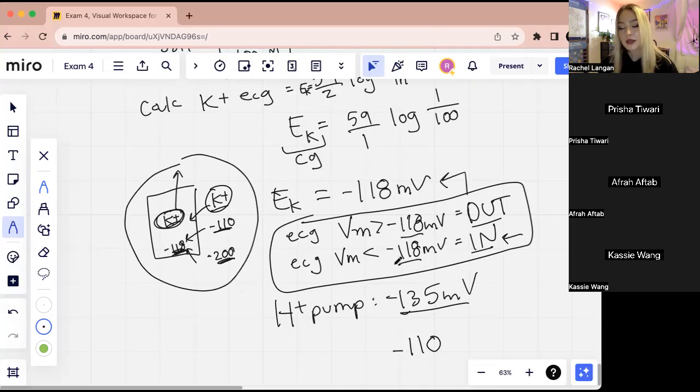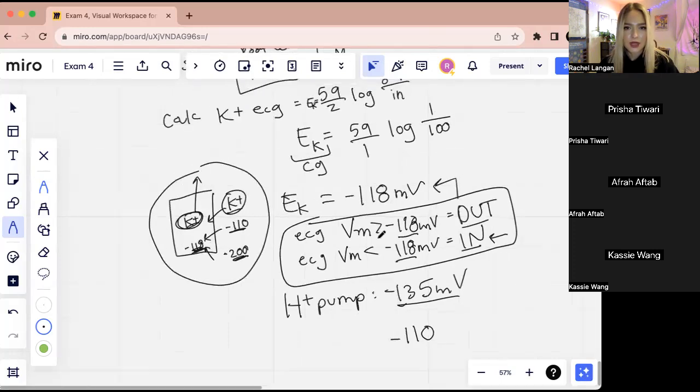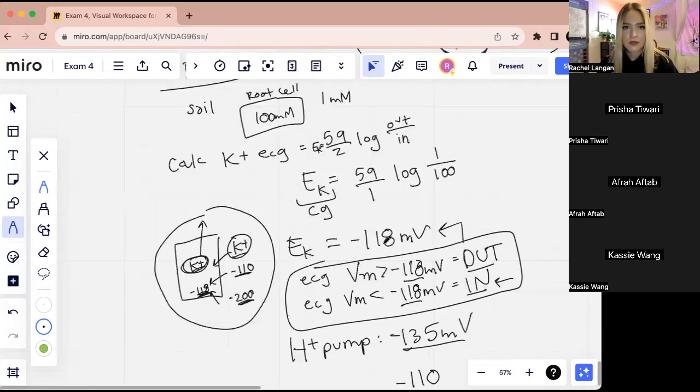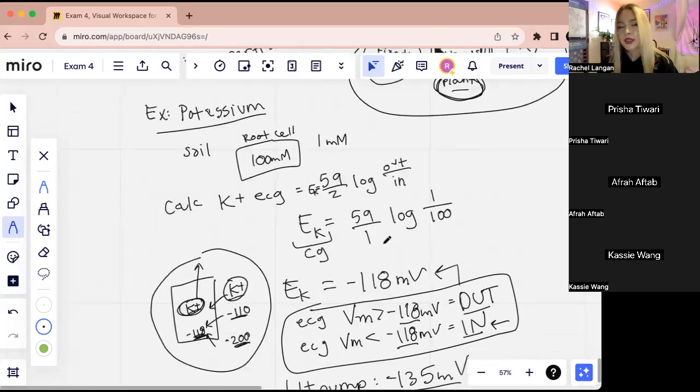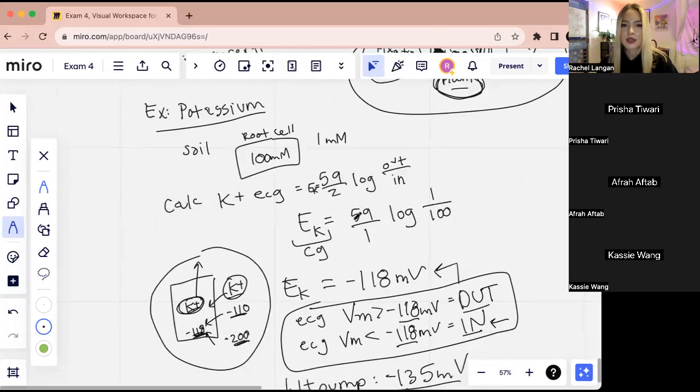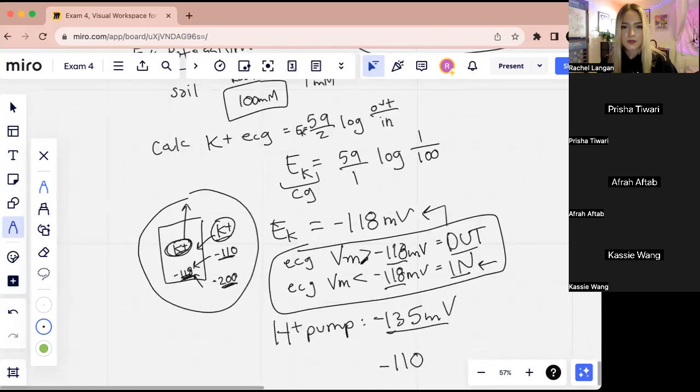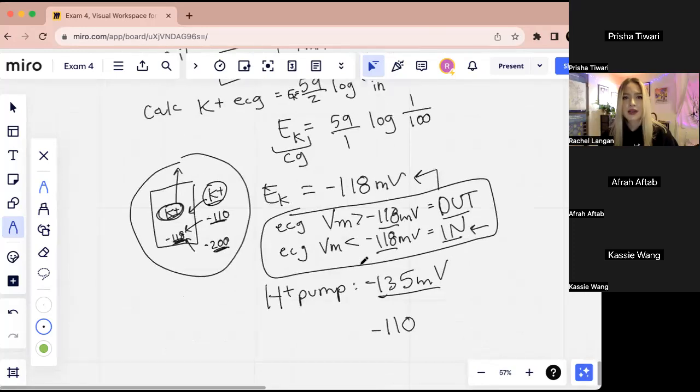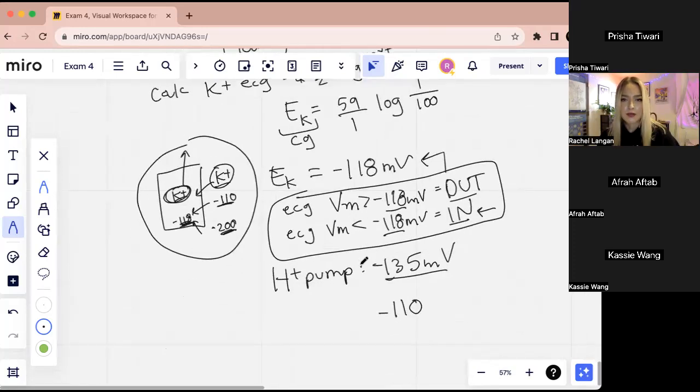So just make sure you can do those calculations. But I diverged when I did all this calculation. We were talking about how potassium gets into the root cells in normal conditions. So under normal conditions, this is what the ECG is, and we actually have hydrogen pump activity.